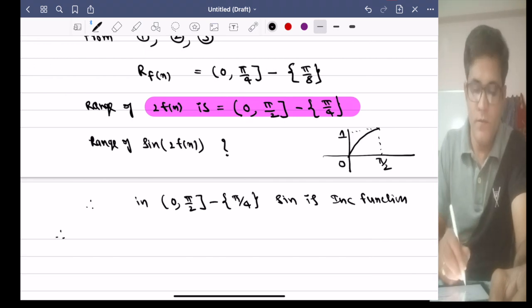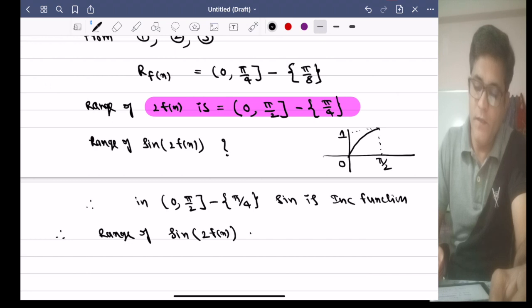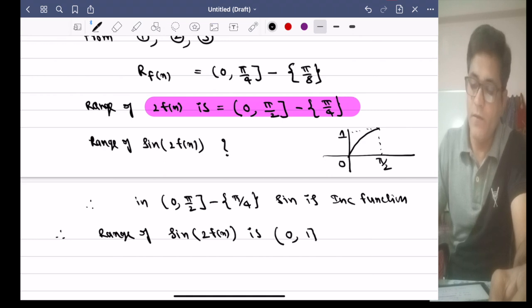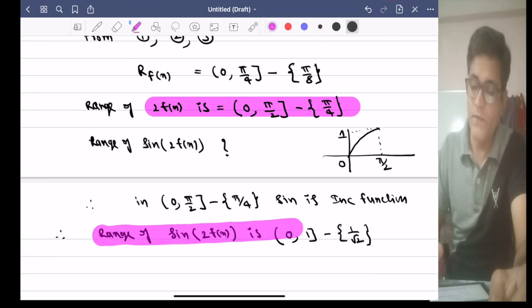Therefore, the range of sine of 2 times f of x is: sine 0 is 0, sine 90 is 1 only, minus sine 45, 1 by root 2. So this is the range of sine of 2 times f of x.